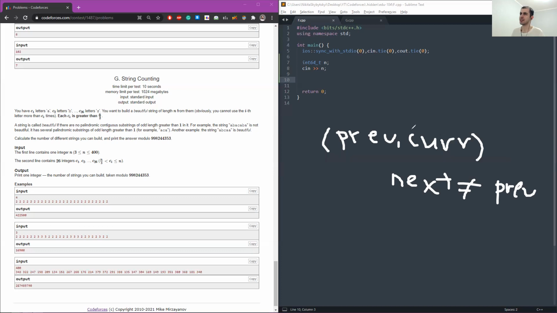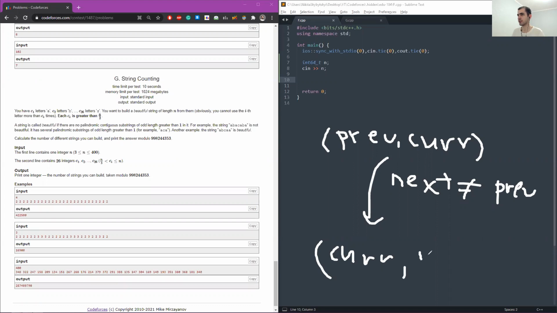Actually, now that I think about it, current letter does not matter at all. We can get rid of current letter. We just care what is... Oh, but then no. We want current letter for the transition. The transition will be to... yeah, we want current letter for the transition.